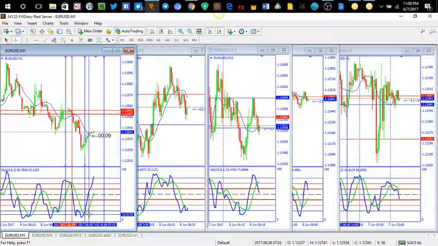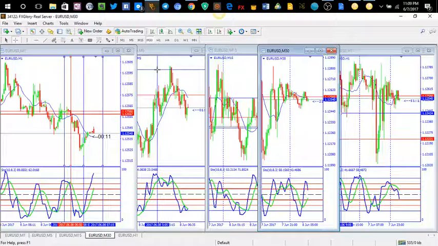I'm very tempted to sell it right here. I can see that this bearish candle is starting to form on the 5-minute chart. 16 seconds left. I don't want to throw my money away. We're right above the average.